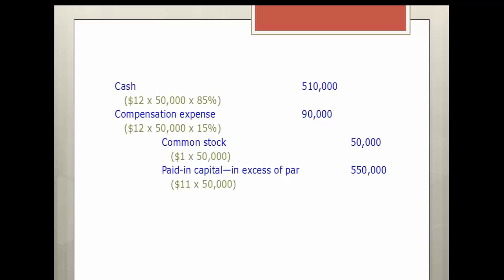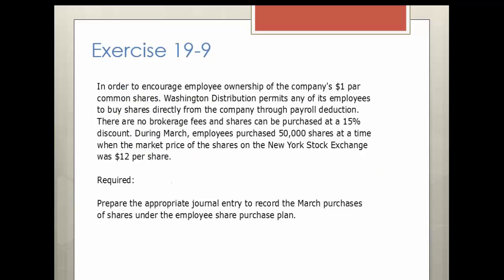This is actually kind of interesting. If everybody has the ability to buy the stock, what we see here in exercise 19.9 would not be considered a compensation plan. They're getting a discount, but they're not getting an overwhelming discount, and everybody's getting it. Therefore, there's no compensation expense related to this.